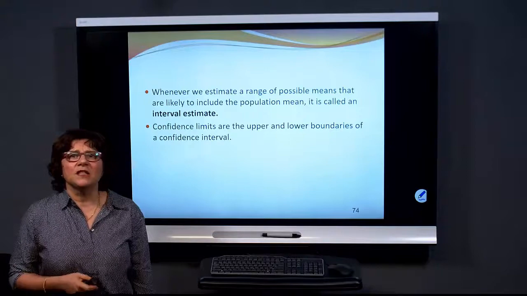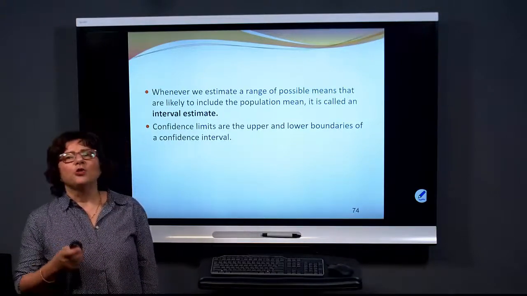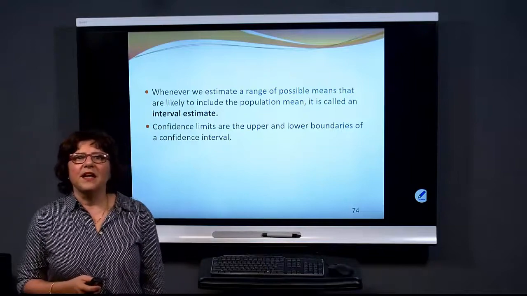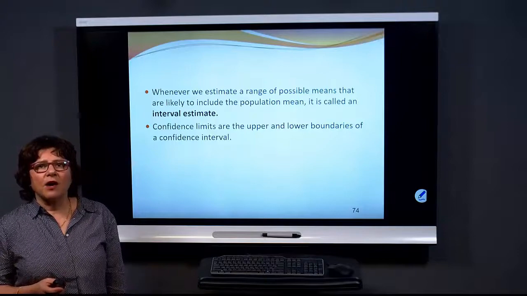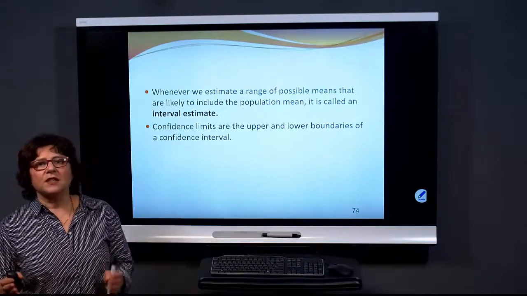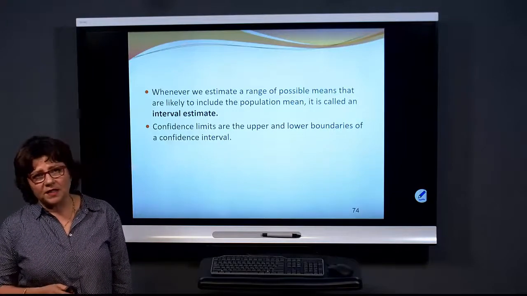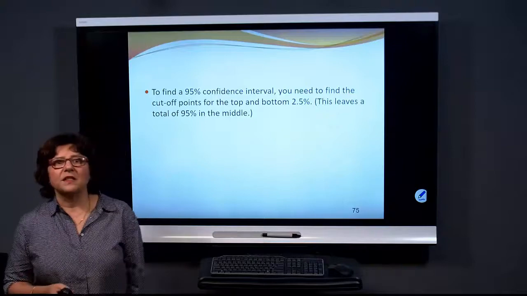And whenever you estimate a range of possible means that are likely to include the population mean, it is called interval estimate. And confidence limits are the upper limit and lower limit, or upper and lower boundaries, of the confidence interval. So for the confidence interval, you always give me two numbers.